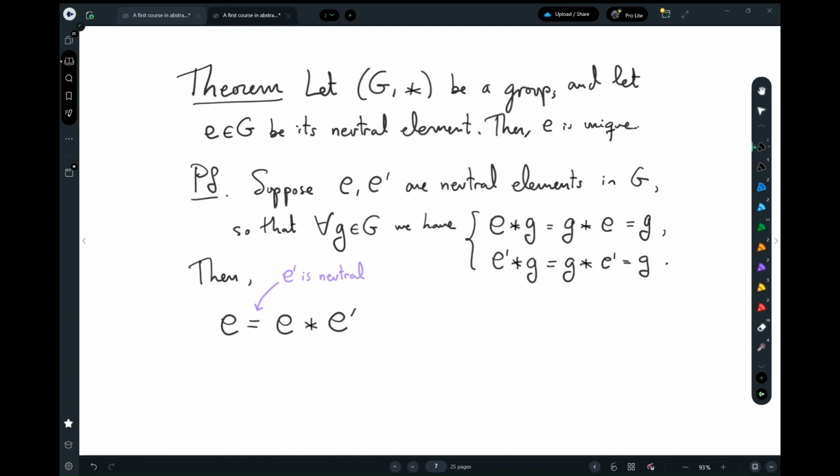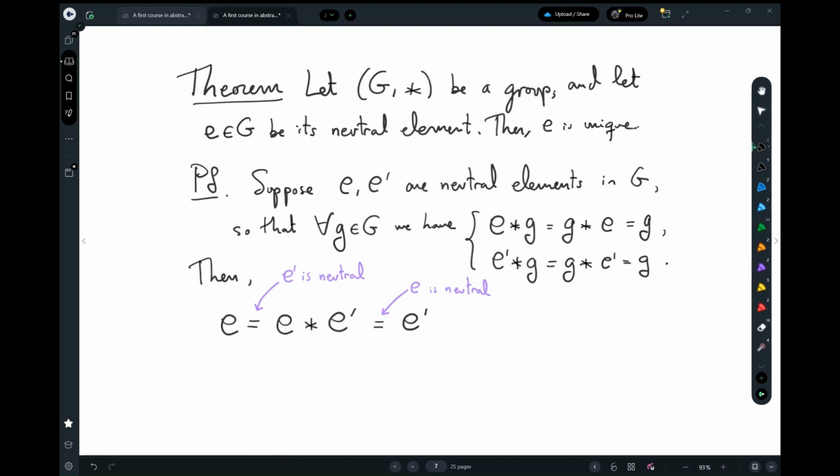And now I can use the fact that e is a neutral element. If I put e prime here, then this tells me that e times e prime is e prime. So this is e prime because e is neutral.